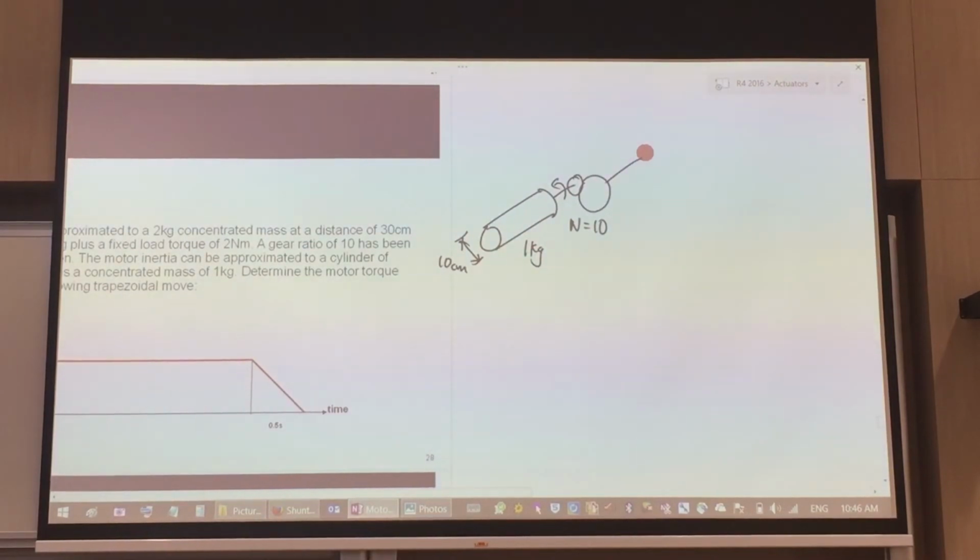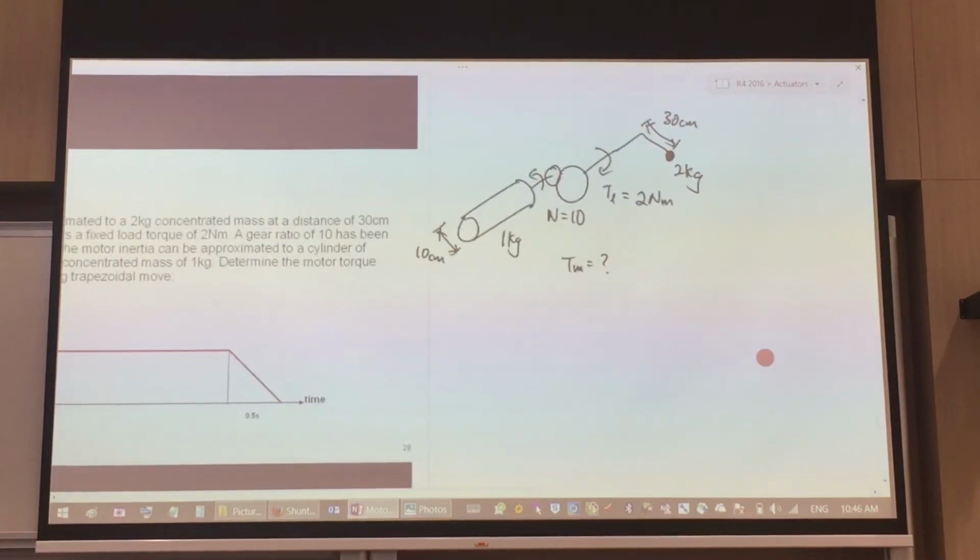So after that reduction gear, it goes to drive this concentrated mass, 2 kilograms, that is 30 centimeters away from the axis. So the torque by the load is given as 2 newton meters. And it asks you what is the torque provided by the motor.